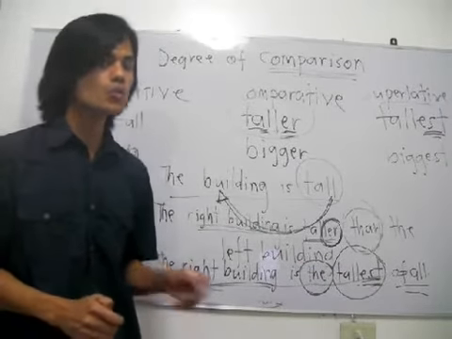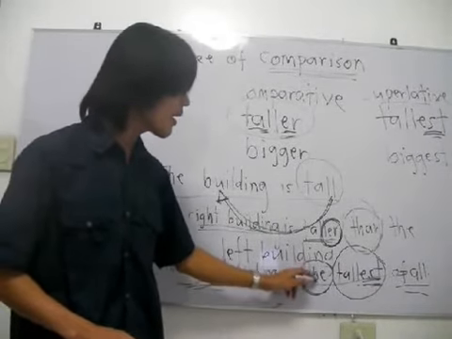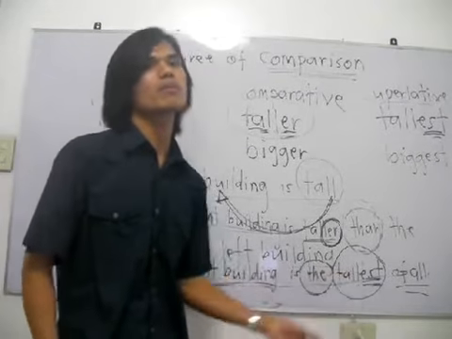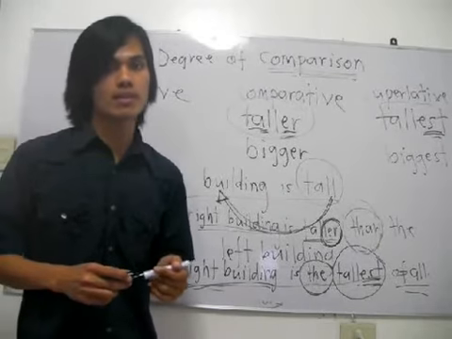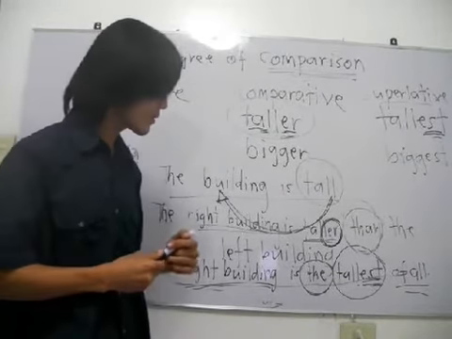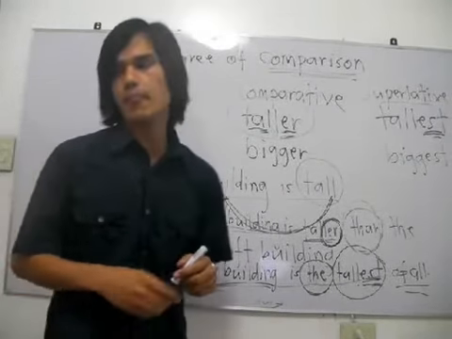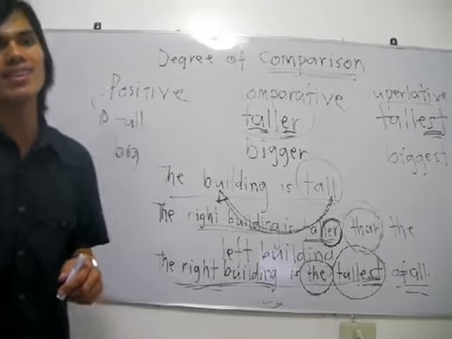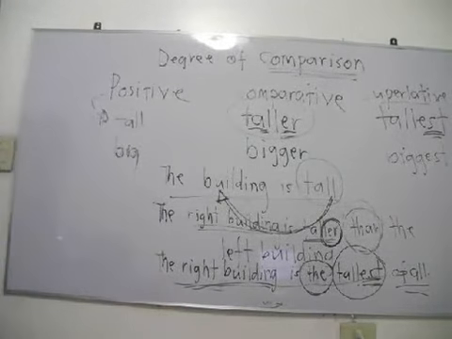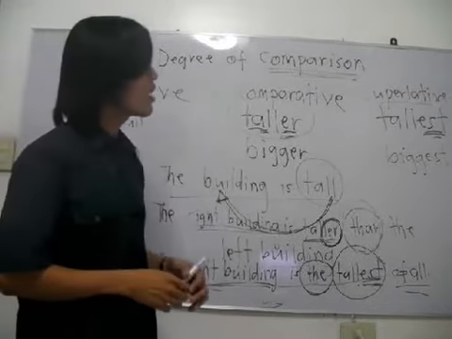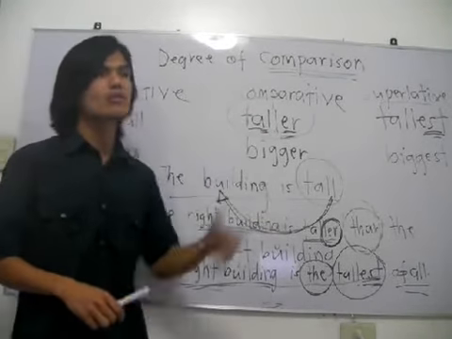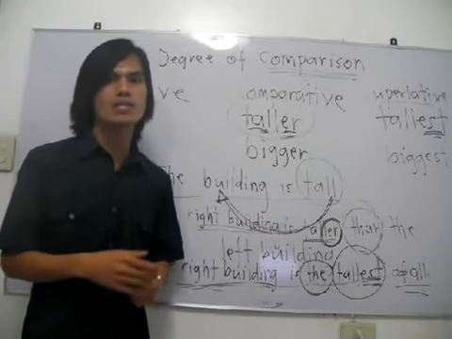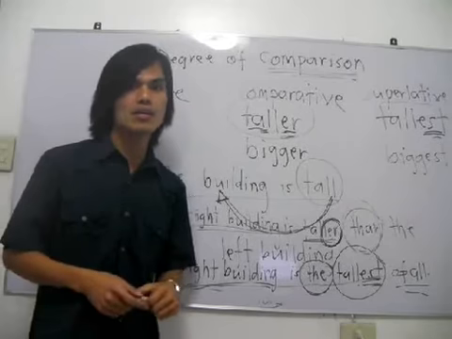So usually we add the article the before the adjective word under superlative degree. Okay, so this is just the summary of what the degree of comparison is all about. So thank you very much.